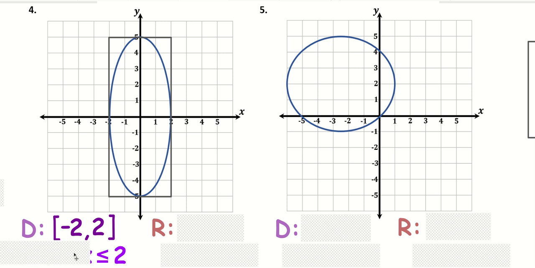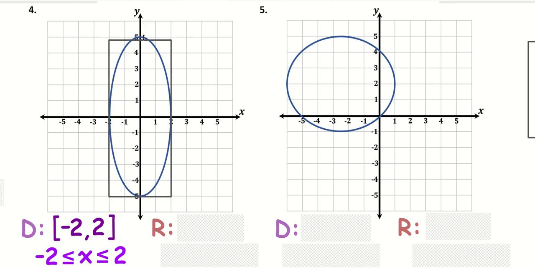And then the other way to write that, this would be interval notation. This would be the other way you could write it. You don't have to do both. This is another way. This is set notation. And then the range is now all the y's.